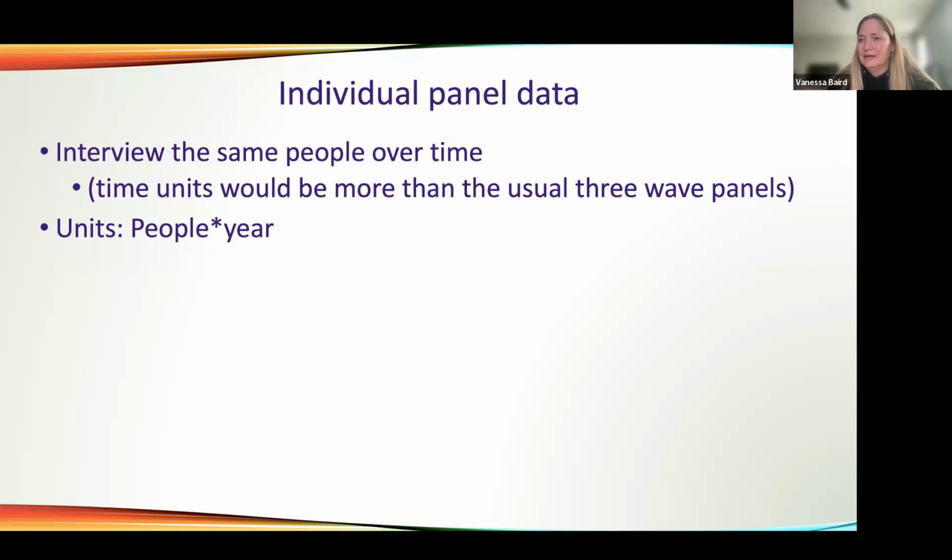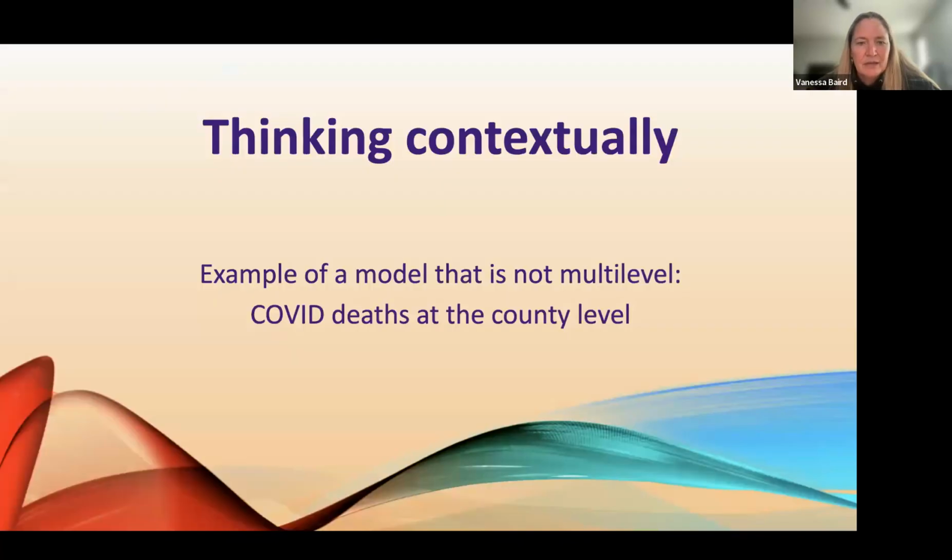But in health data, they do that a lot, or education data. What is the reading score, beginning of second grade, mid second grade, end of second grade, beginning of third grade, and then they'll just keep on, right? So that would be a case where we would have something like that.